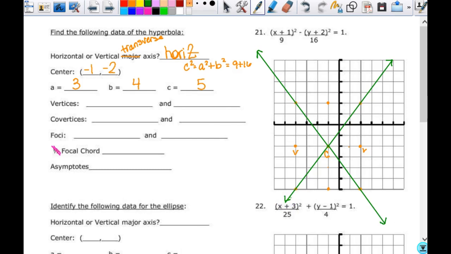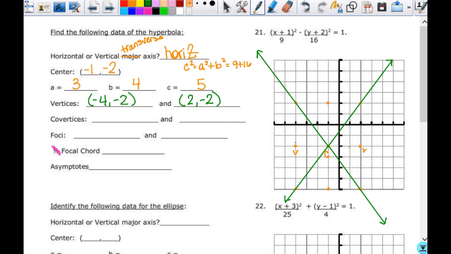So I have my vertices, which I can get from the graph, or I can understand the fact that my x value is changing from the center and my vertices come from a. So this would be -1 minus 3, which is -4, -2, and -1 plus 3, which is 2, -2, and those should be the points that I have plotted if I did it correctly.